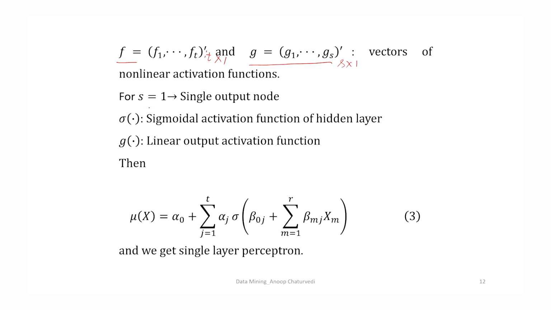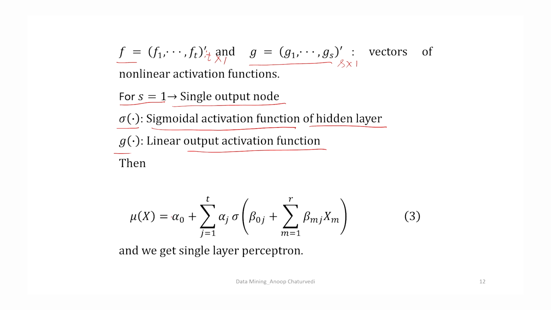And suppose you take S equal to 1, then for S equal to 1 you have just a single output node. Then suppose sigma dot is the sigmoidal activation function corresponding to the hidden layer, and suppose the activation function corresponding to the output layer is linear. So, G dot is linear activation function corresponding to the output layer.